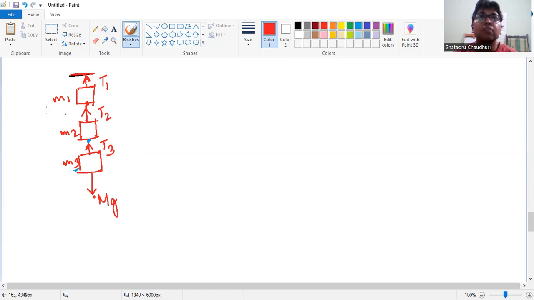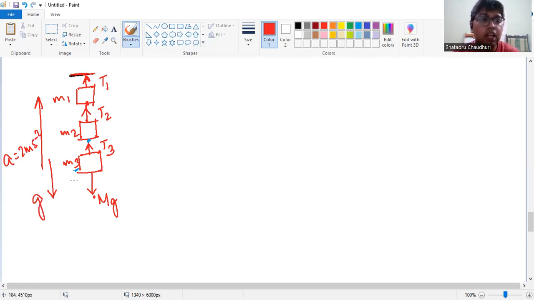Now, when the whole system is moving upward with the acceleration a, which is given as 2 meters per second square, the whole system is moving upward with 2 meters per second square. In this case, the acceleration due to gravity g is acting downward, that is 9.8 meters per second square.